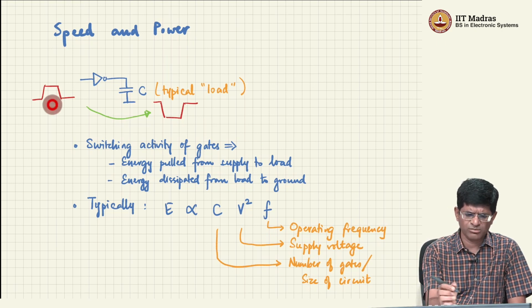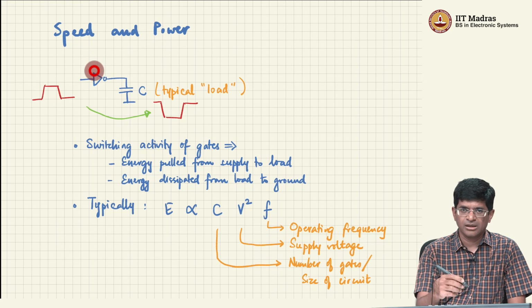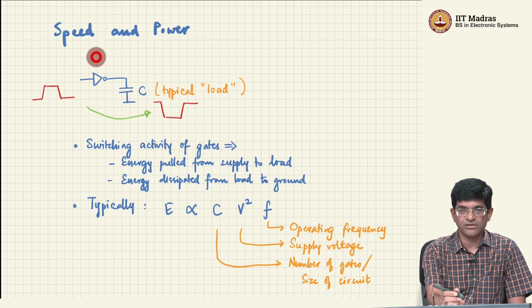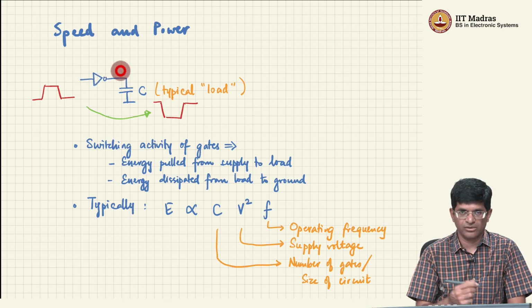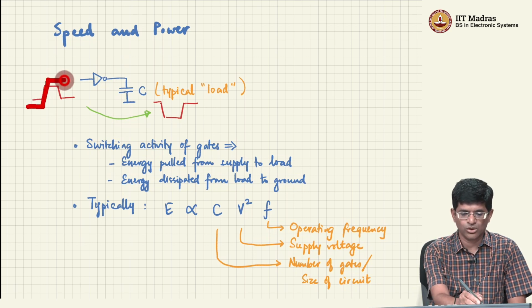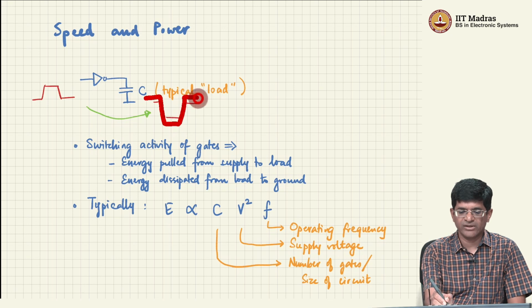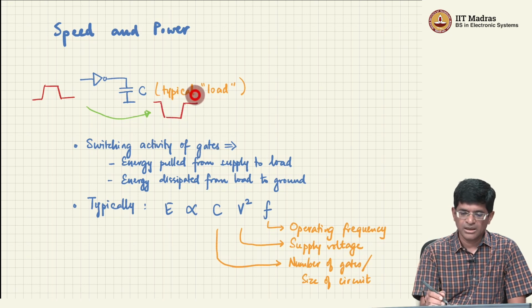So at a very sort of broad level, you can think of a gate in a digital circuit. The simplest gate is of course the inverter, the NOT gate. I provide an input, the output is basically the inverted form of that input, right. So for example, if the input goes from 0 to 1 and then goes back to 0 after some time, I would see that the output starts off high, it goes low when the input goes high, and then goes back high when the input goes low, right.